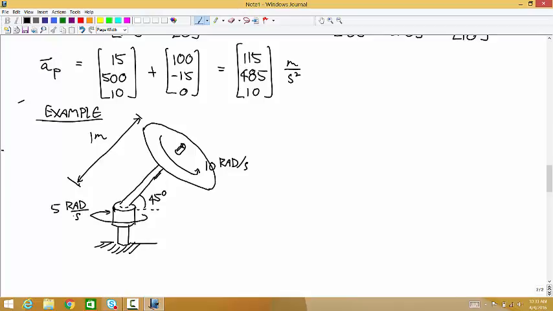Those are both constant angular velocities. We want to know what's the acceleration of this point P, given that the disk radius is 0.6 meters.